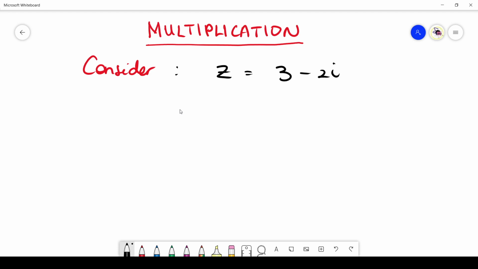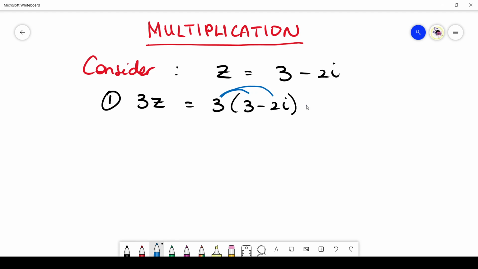For multiplication, they want to know, what's the value of 3z? Well, 3z will simply be equal to 3, open brackets, because you have to remember the distribution rule. Like in algebra, you distribute that 3 over each of those terms, and you end up getting 3 3s are 9 minus 3 2s are 6i. Very simple, very straightforward.